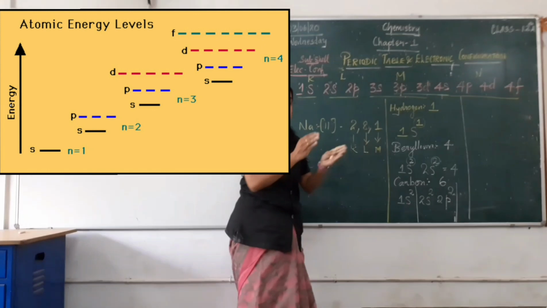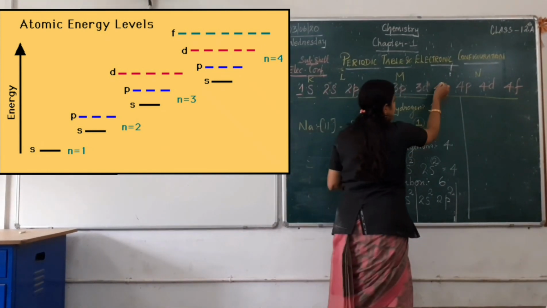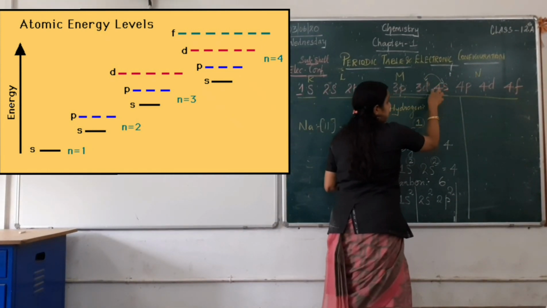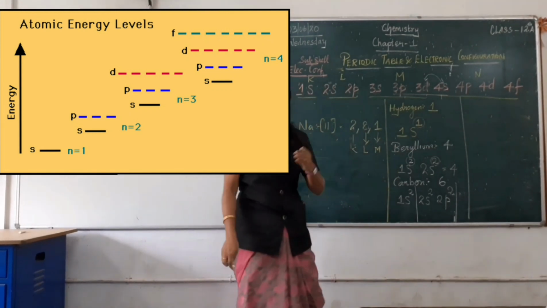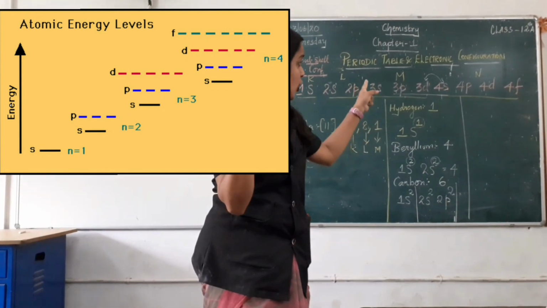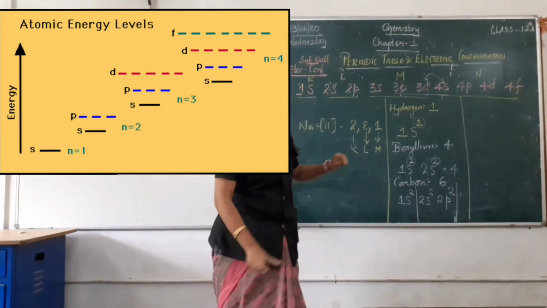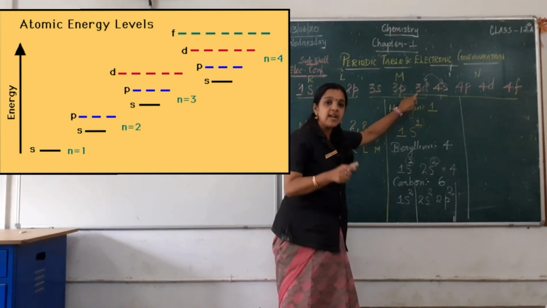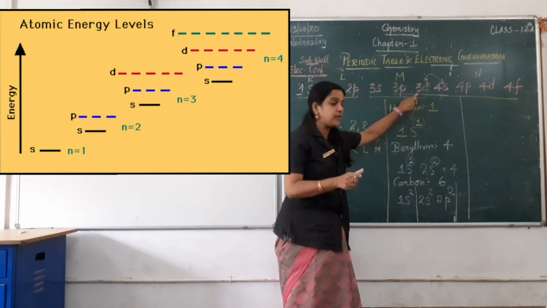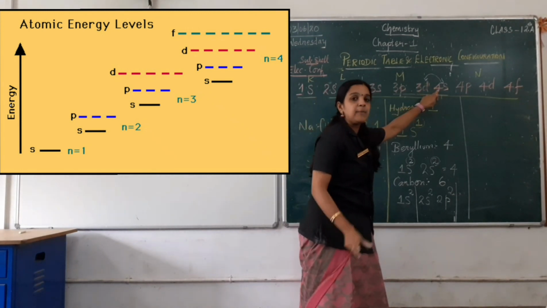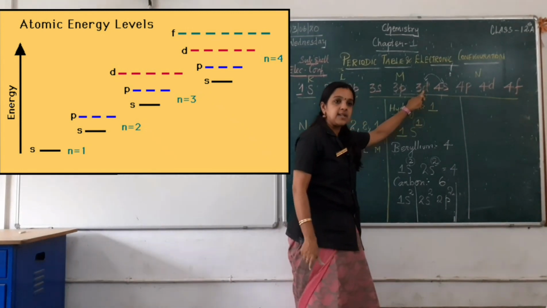But the pictorial graph says that 4s has less energy than 3d. I repeat, the energy of the 4s subshell is less than that of 3d. So when we are writing the subshell electronic configuration, 4s will be written first, then comes the 3d.